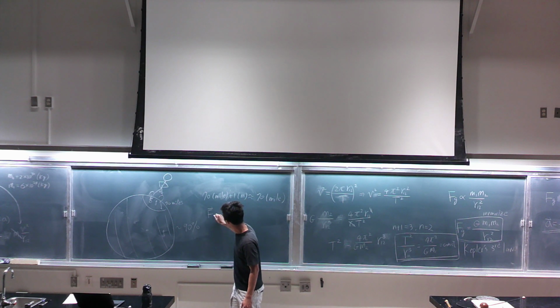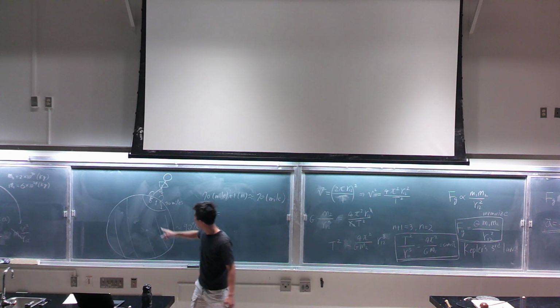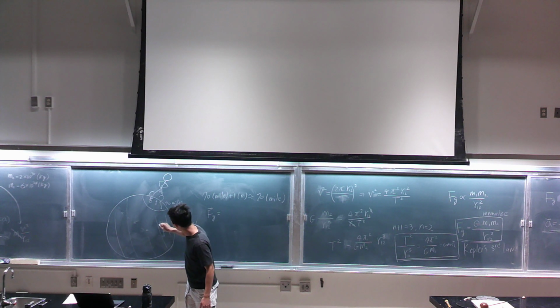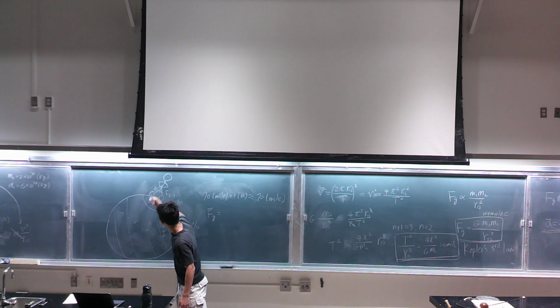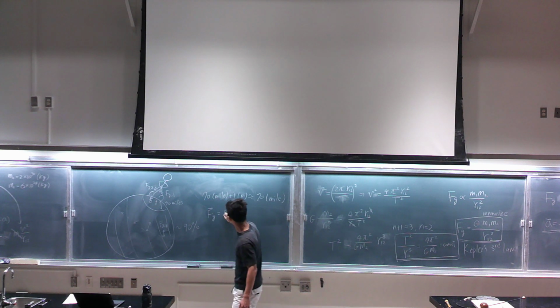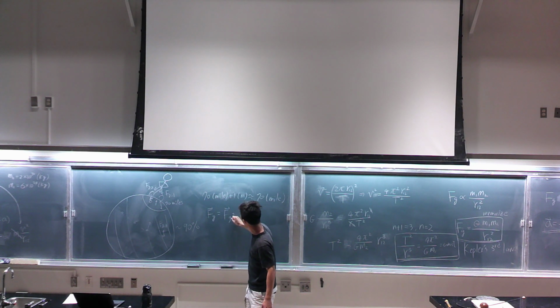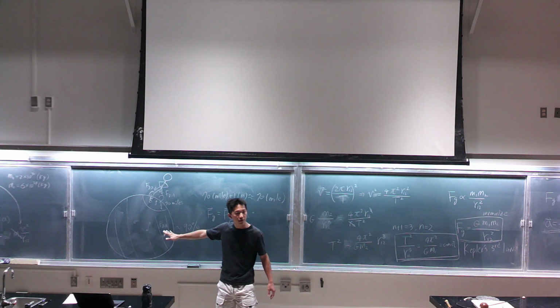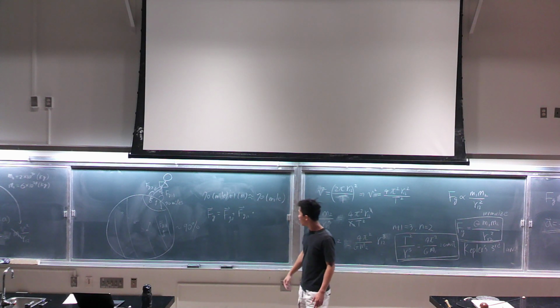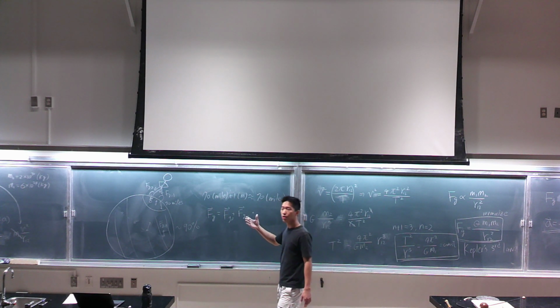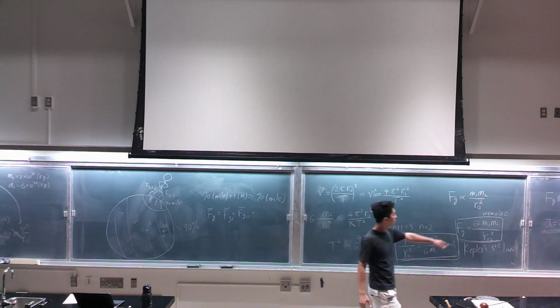And that comes from the gravity from all the particles. This is gravity from particle 1, gravity from particle 2. The gravity acting on you right now is the gravity from all the parts of the Earth. And all of them should be proportional to your mass.